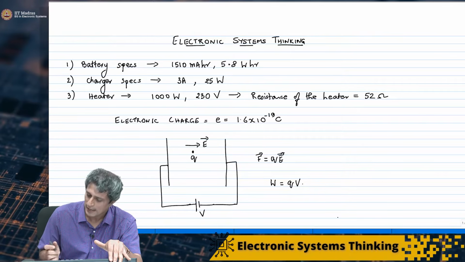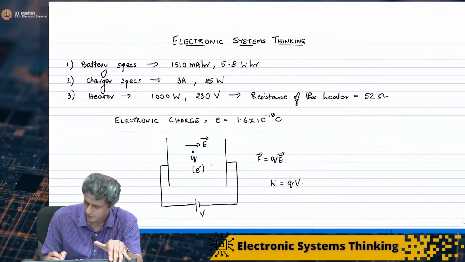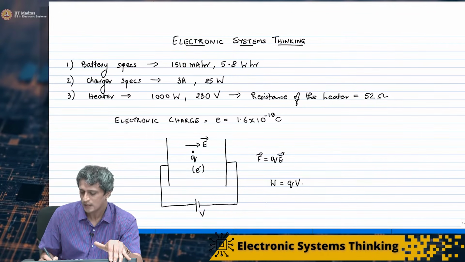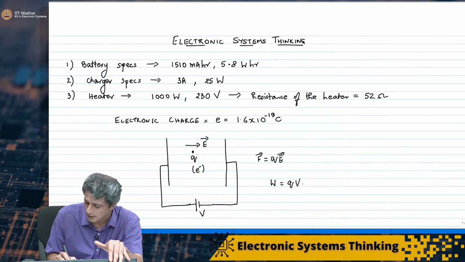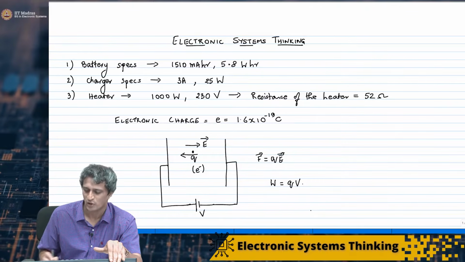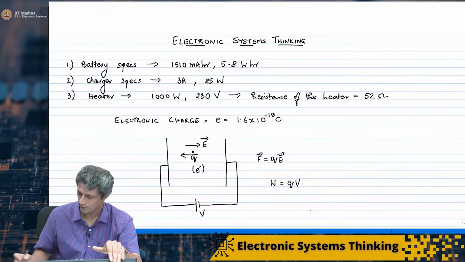Of course, if this charge happens to be an electron, which is negatively charged, the direction of motion will be opposite to that of the electric field, though the magnitude of the work done remains the same.